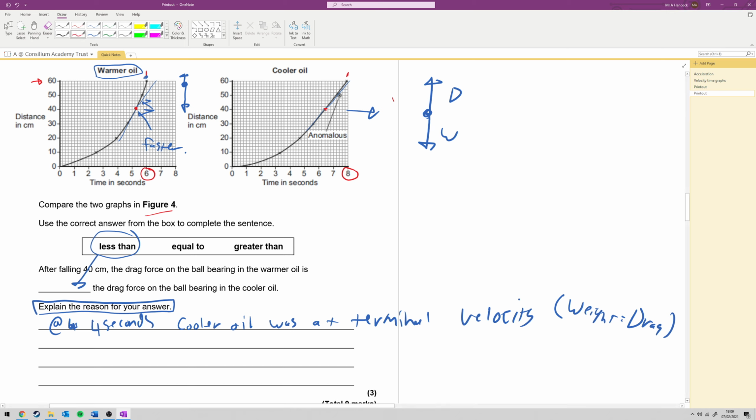Now, warmer oil was still accelerating. Why? Because the line was curved.